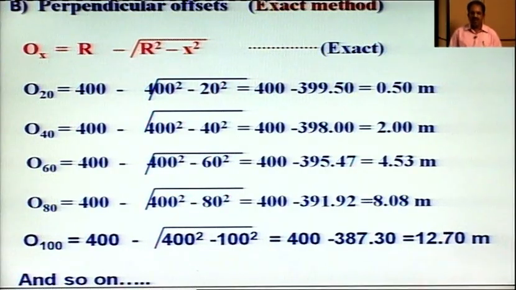The offset at 100 meter comes out to be 12.7 meter.